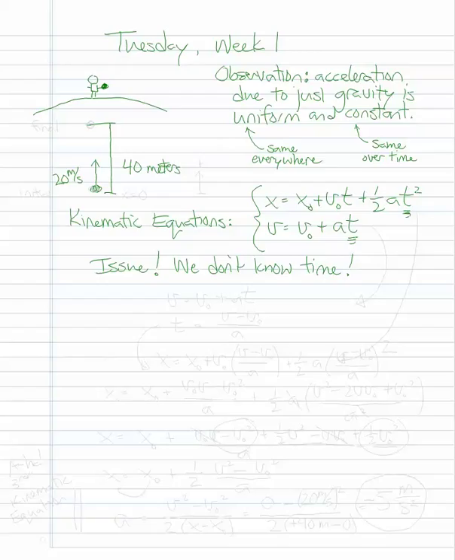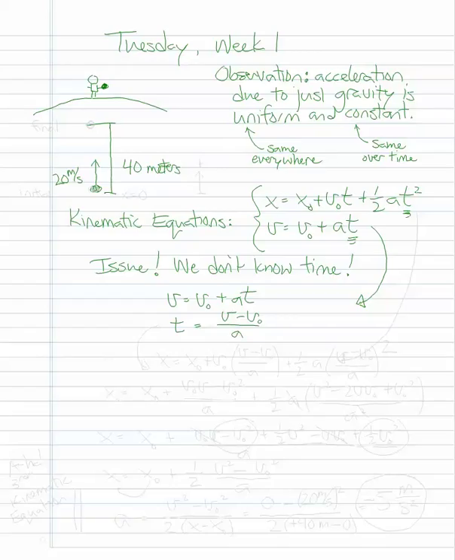But remember, when we have two equations and they're both true, this is a system of equations. And so what we can do is we can take one of the equations and solve it for time. So I'm going to take the velocity is v naught plus at, and I'm going to solve for time. And I get that time is v minus v naught over a.